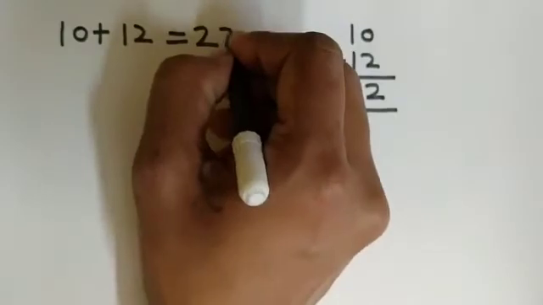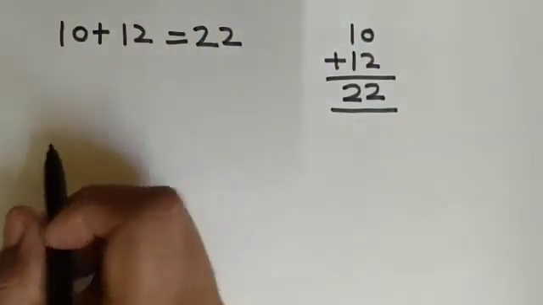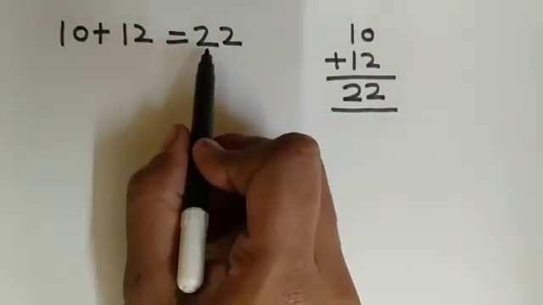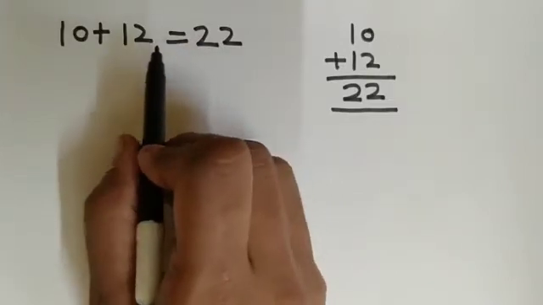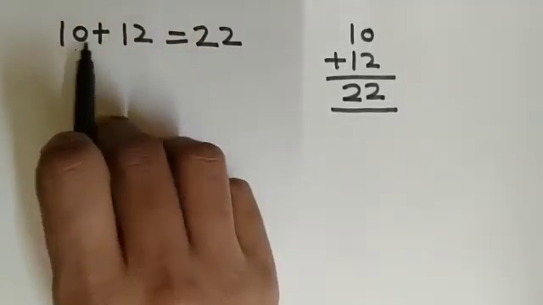So write here 22, means the sum. 22 is the sum of 10 and 12.